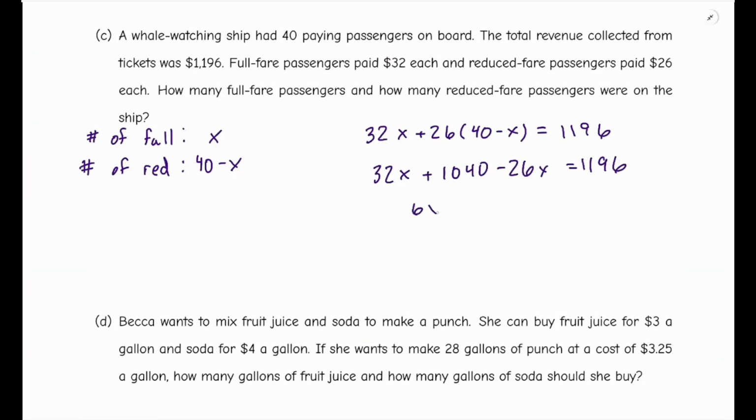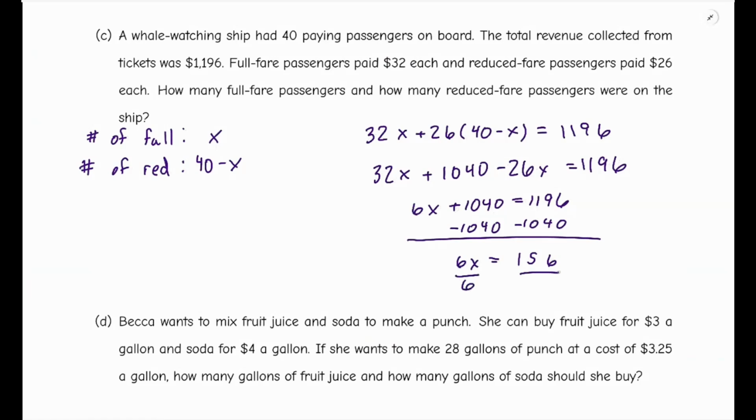Combine like terms. Subtract 1040 from both sides. And we get 6x equals 156. Divide by 6 on both sides. And we get x equals 26.